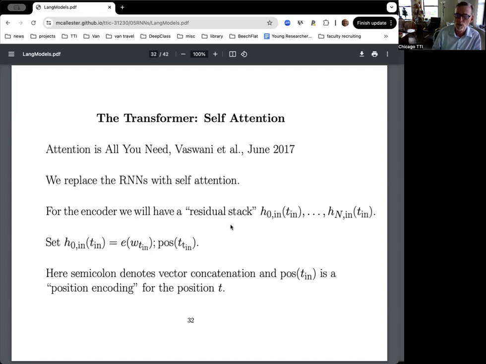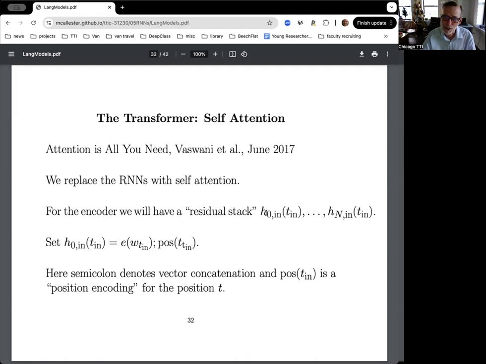But in all cases, what we've got is a sequence of words, and we're going to compute a stack, a residual stack of vectors at each word or token. Okay, so there's this notion of the residual stack. There's an input tensor. What is this input tensor?